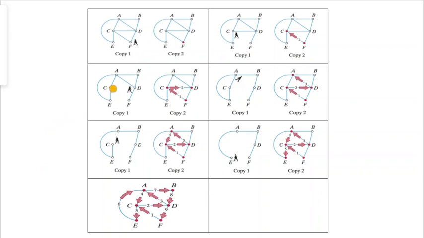Then we're going to walk to vertex D. Now, he has a choice of whether he goes to A, B, or F next. But this right here is a bridge. He will get stuck and not be able to finish his path or circuit if he walks that direction. So he should not go that way.